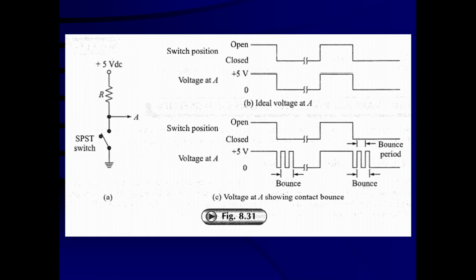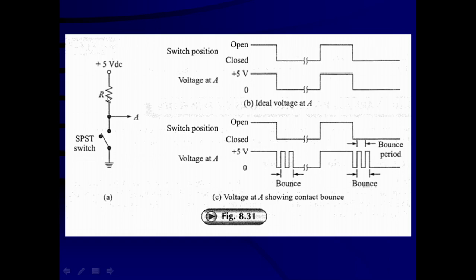This is your SPST switch, which is connected with the plus 5 volt power supply, positive terminal and negative terminal, and it is connected through the resistance R, which is there for current limiting.